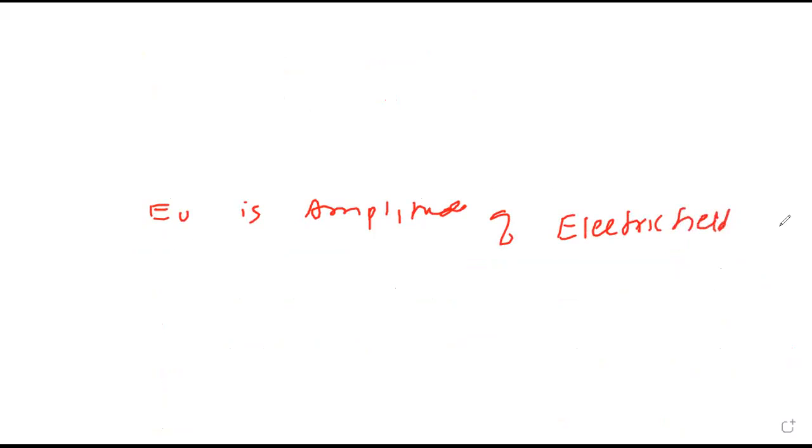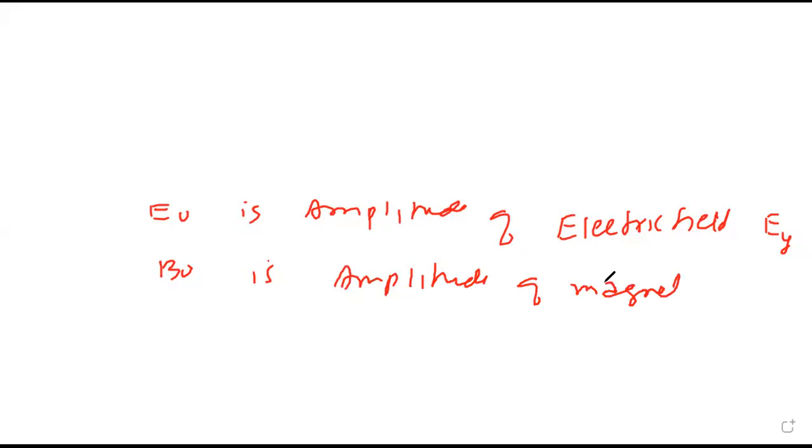2-3 more lines you have to write regarding what is E naught and B naught. E naught is amplitude of electric field Ey, and B naught is amplitude of magnetic field Bz. 2 pi by lambda is called k, which you are going to study in the chapter called sound.